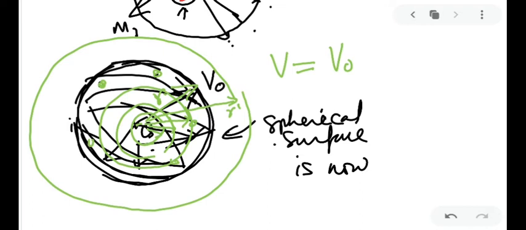So equipotential surfaces around a point charge are in fact spherical surfaces. In the first case it was V0, and in the second sphere it would be some other value, V0 prime. In the third one, it could be V0 double prime. So the potential at each equipotential surface has different values.